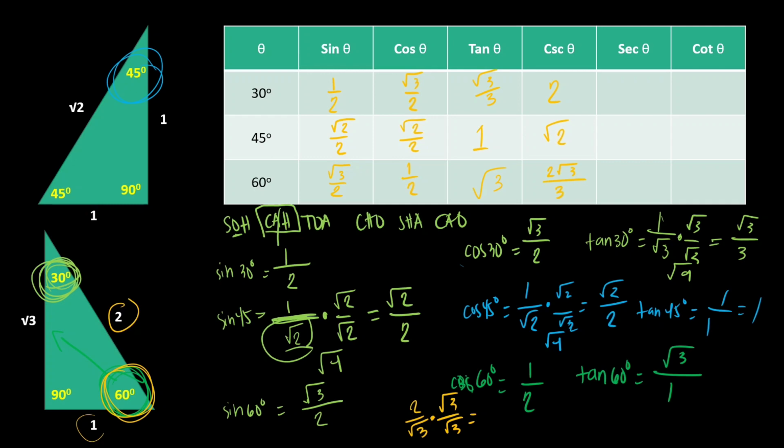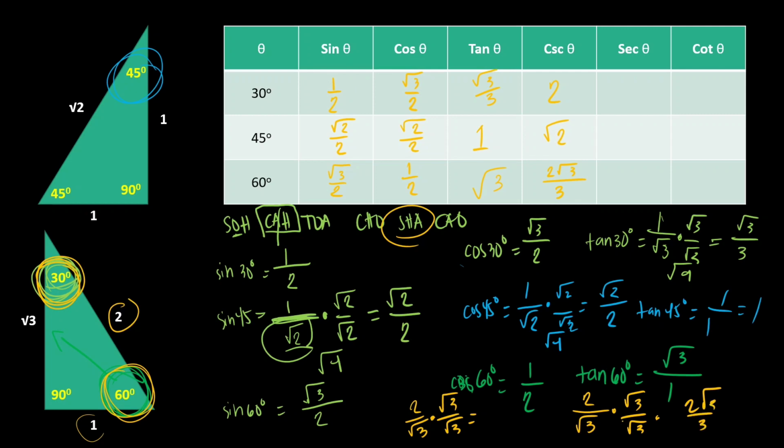For secant, we have secant 30 degrees. The formula for secant is hypotenuse over adjacent, so 2 over square root of 3. Rationalize, so 2 square root of 3 over 3.